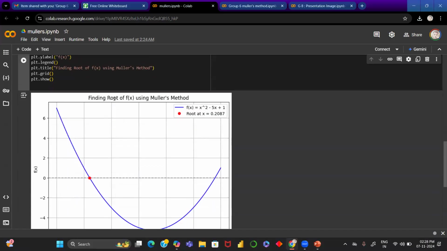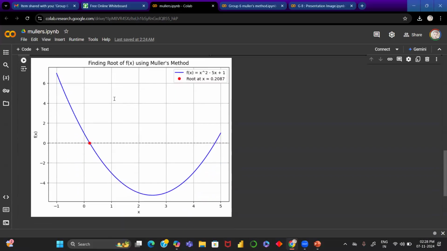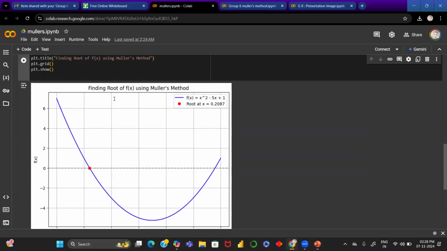Blue line is for the function and the red dot is the x-scalar approximation. The red dot is for the approximation. Label it using the legend function and use the plt dot show function to display the plot.